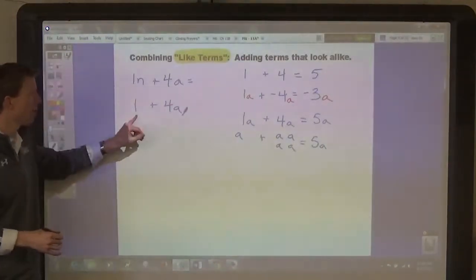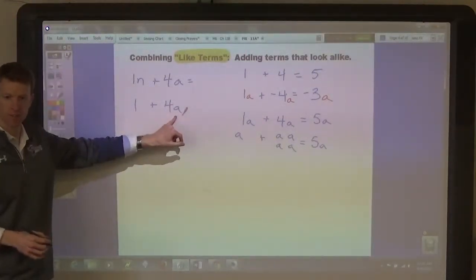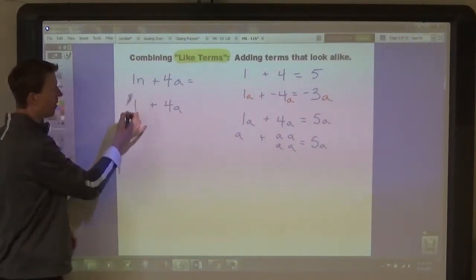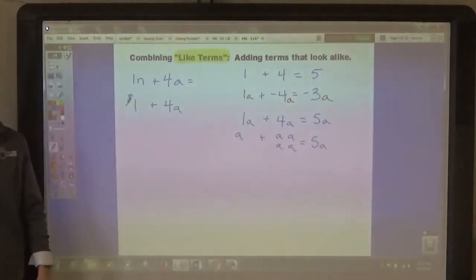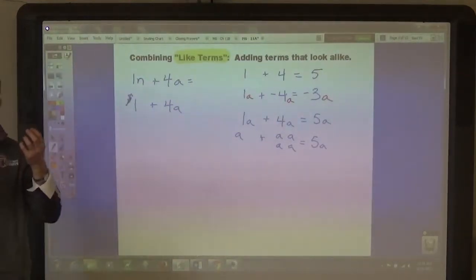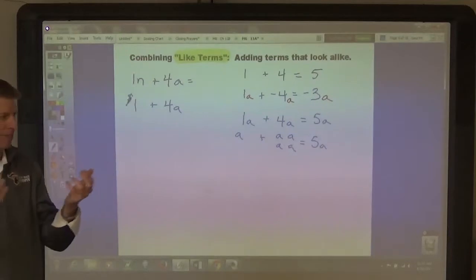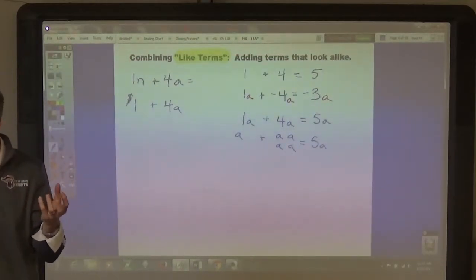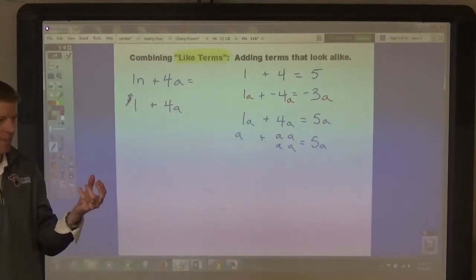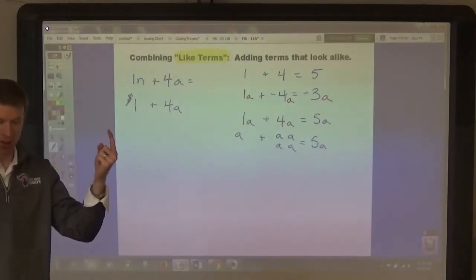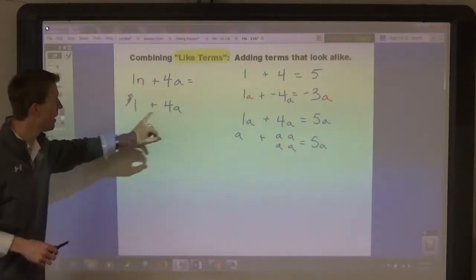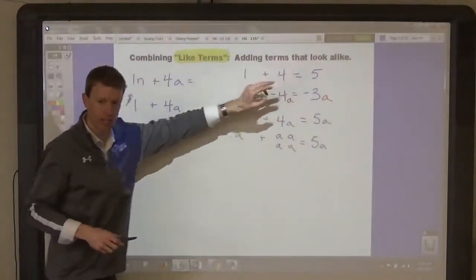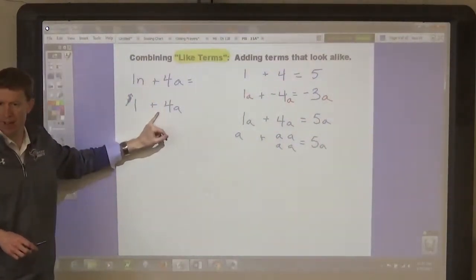If we just have 1 plus 4a's, the number 1 could be like $1 and 4 apples. You can't add $1 and 4 apples and say you have 5 of anything, because they're not alike. They're not 4 apple dollars. It's $1 and 4 apples. That's what you have.